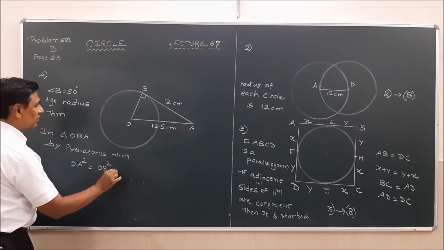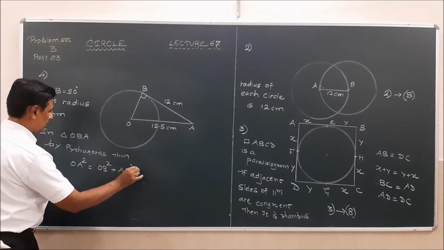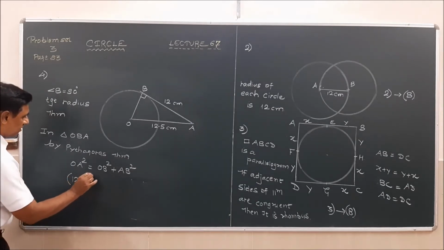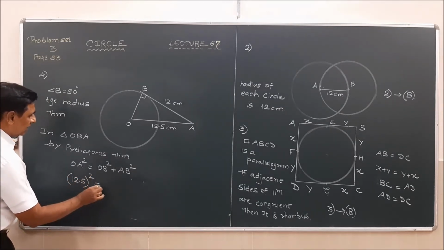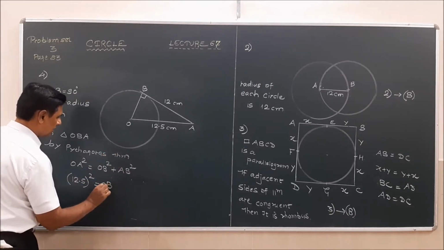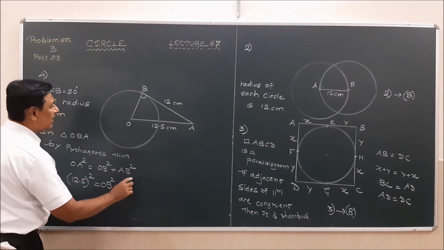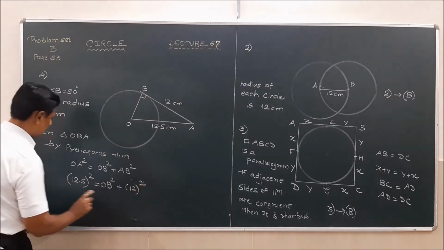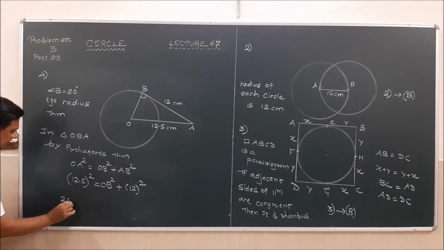But OA is 12.5, so 12.5 square is equal to OB square plus AB square.